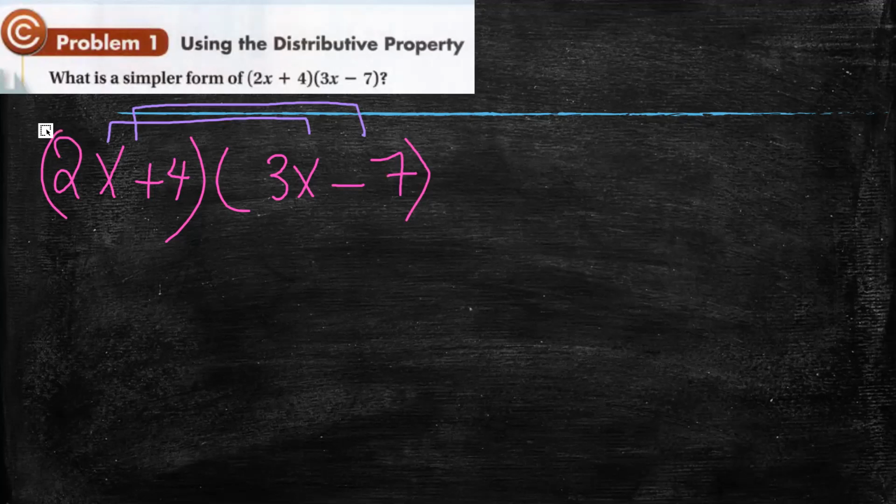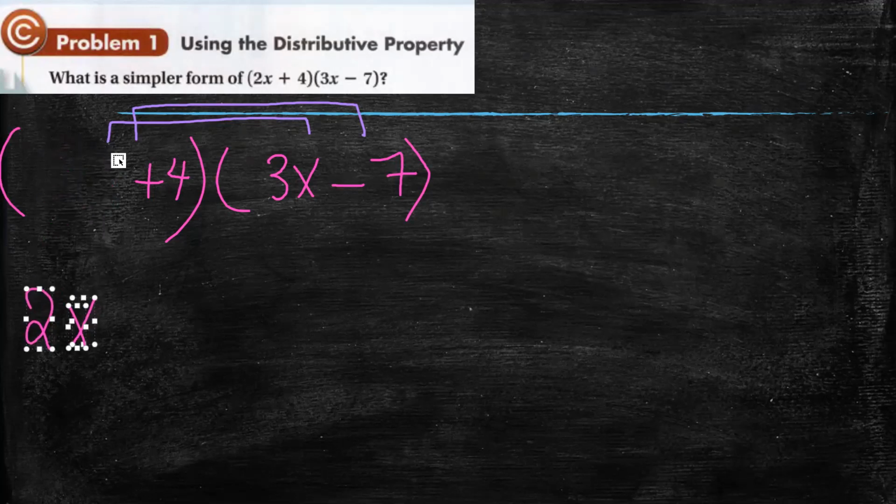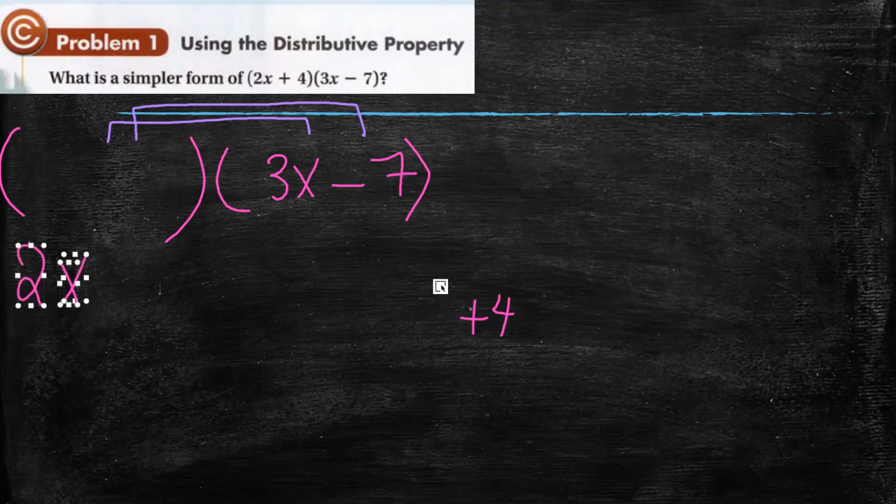I bring the first binomial and distribute it into two terms: 2x in one term and 4 in the other term.